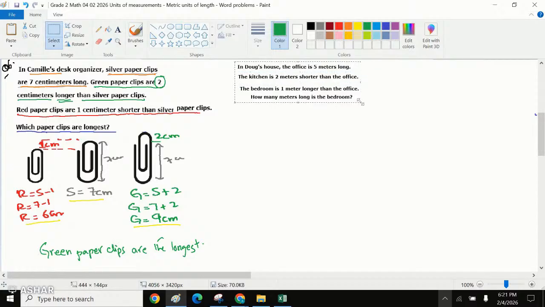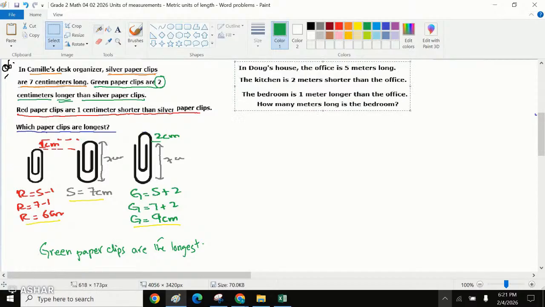Let's just draw this. If this was our question number 7, it says in Doug's house the office is 5 meters long. So if we simply make a line, can we say this is the office, 5 meters long from here till here, right?